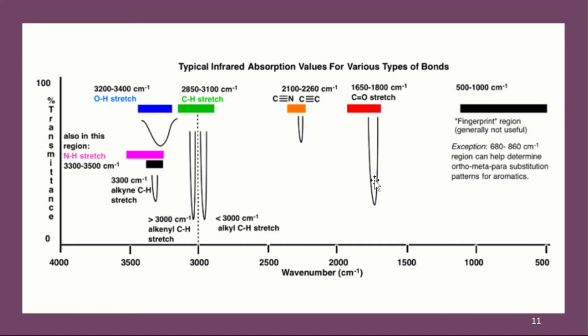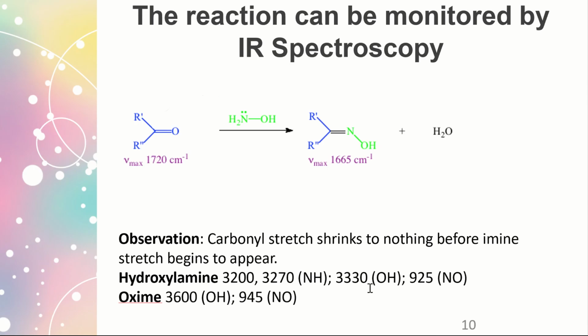So we're saying that this will diminish and we will see the imine peak in the 1665 region, and then our hydroxyl peak. Let's look at it again. We'll see the hydroxyl peak from our hydroxylamine at 3330, and then our oxime hydroxyl will be in the 3600 region. So it will still be in similar regions, but the wave number is different.